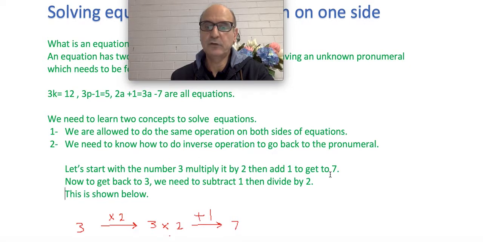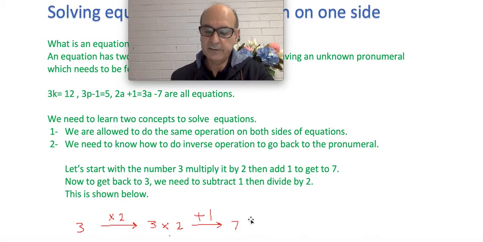All right, how do I go back to my original number, which was 3? I've written this in the form of notations here using arrows. So 3, you times it by 2. So it becomes 3 times 2. Then you add 1. So that becomes 6 plus 1, 7.